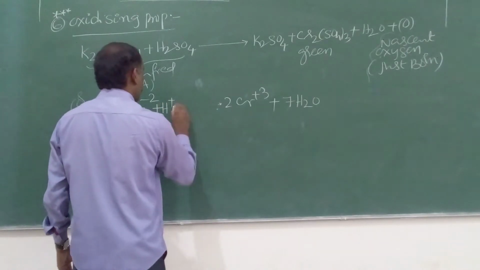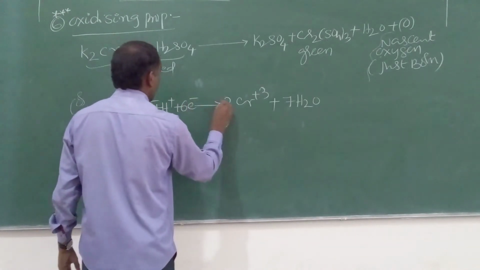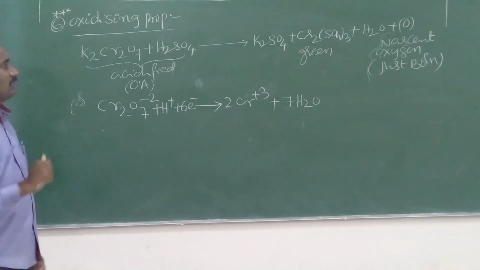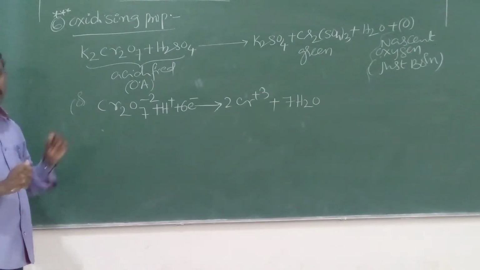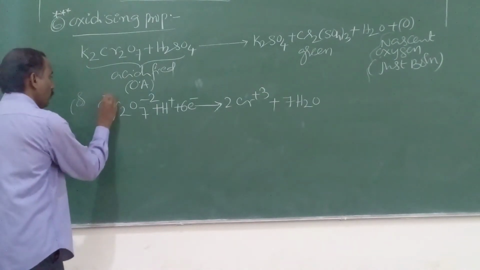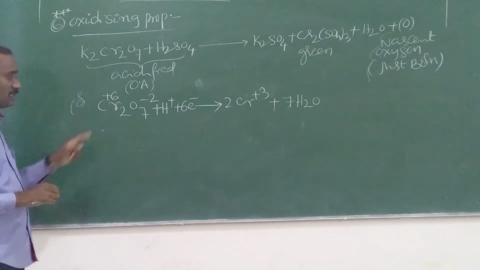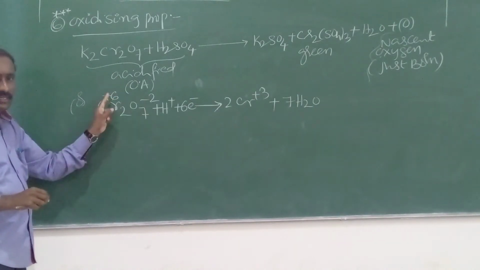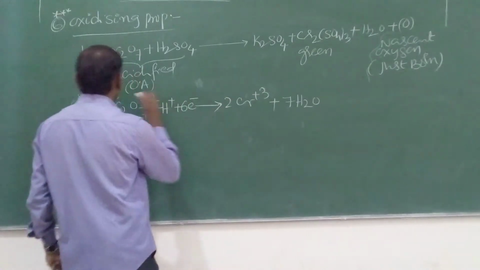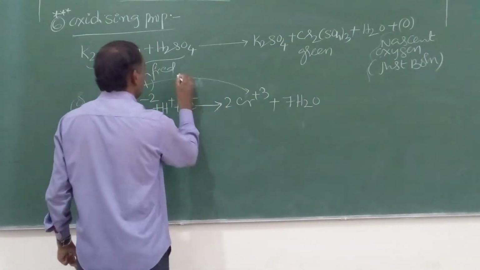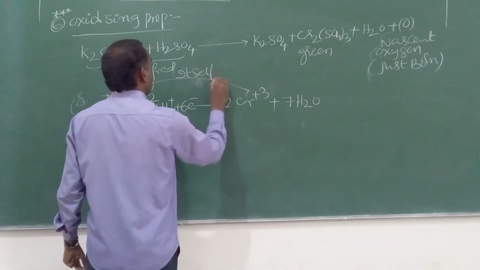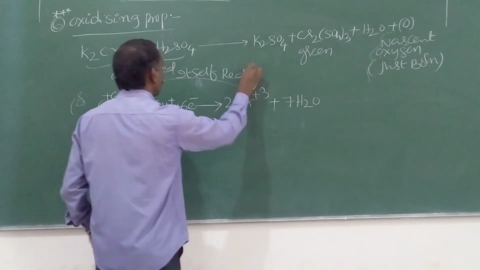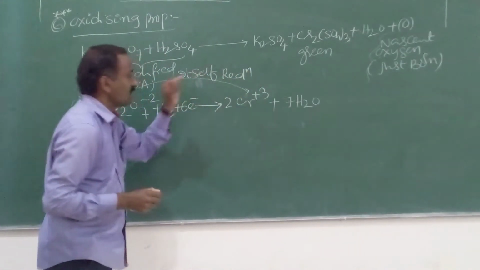For balancing purposes, here I am taking 6 moles of electrons. So according to this also it acts as an oxidizing agent. Why? Here the chromium oxidation state is plus 6. According to this also, 2x minus 14 equals minus 2, so x equals plus 6. Here chromium is plus 3. Plus 6 becomes plus 3. Therefore it itself undergoes reduction. In first year we studied that if oxidation number decreases, it is called reduction.